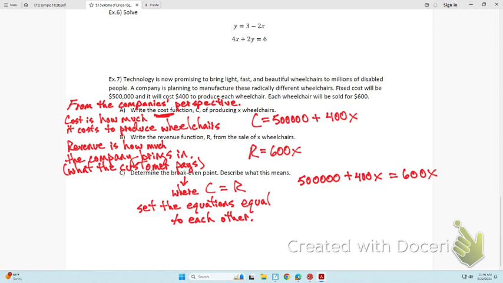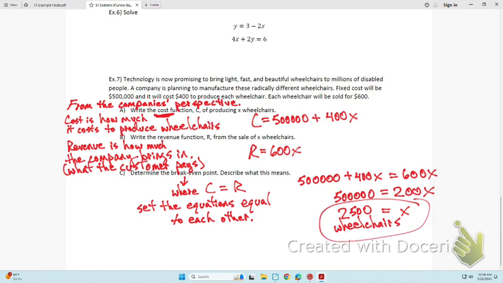That's the break-even point, the number of wheelchairs they need to sell to get out of debt. So you move 400x to the other side, and you have 200x. Divide both sides by 200, and you have 2,500 wheelchairs. And that's it. That gets them out of debt. Kind of sad. They haven't even made money yet.